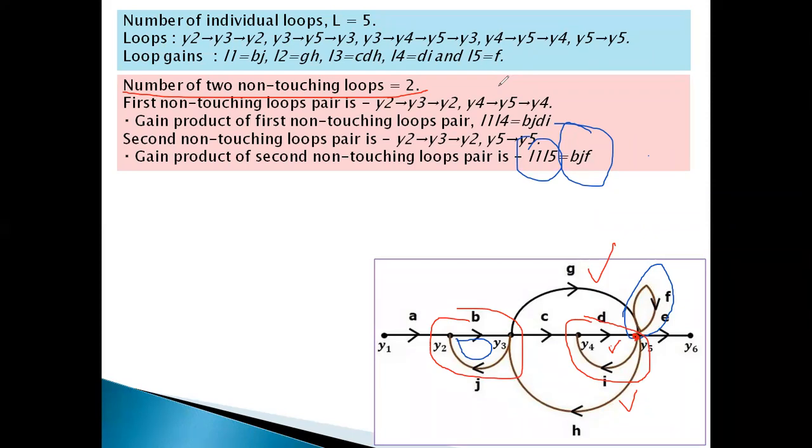Like that, we have to check all possible combinations of two non-touching loops. So here only two sets. The first loop set is these two, and the second one is these two. Like that, we have to calculate the gain products. Is it clear?